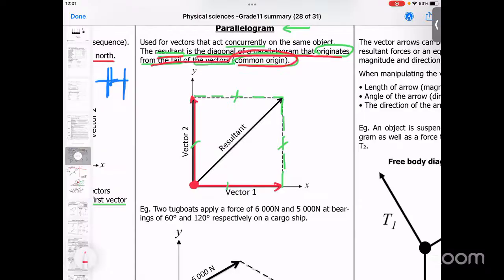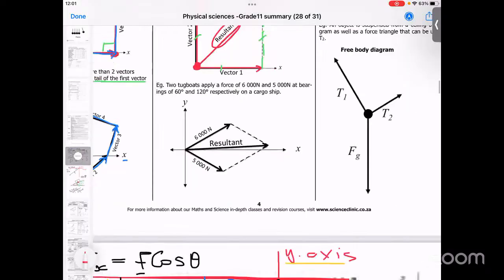So from that corner, we just draw a diagonal line. In other words, it's like corner to corner. And that becomes the resultant, whereby we have an object there, and then we have vectors pulling concurrently on that same object. Very much important.